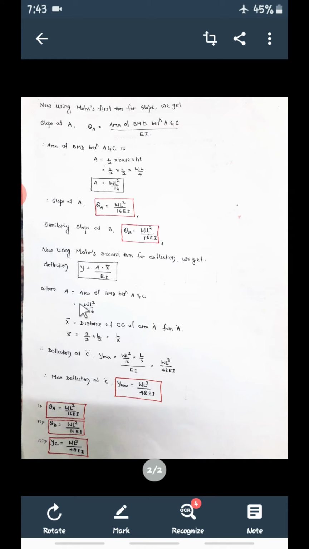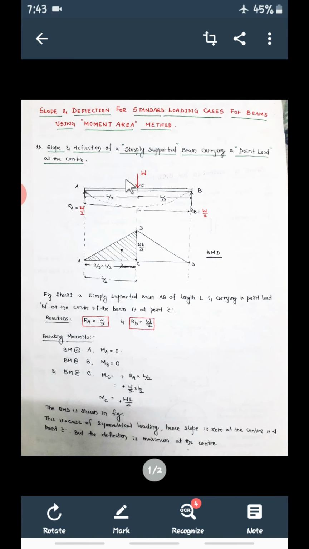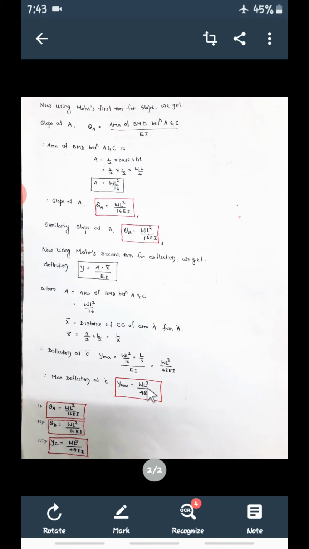Now see what it means. When the load W comes at the center, the beam is going to deflect, or bend, like this. There is no deflection at A or B, that is YA is 0 and YB is 0, and this is YC. How much is this deflection? Deflection at C will be WL cube divided by 48 EI.